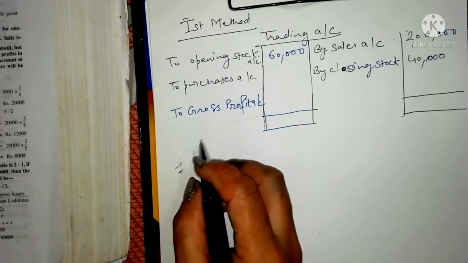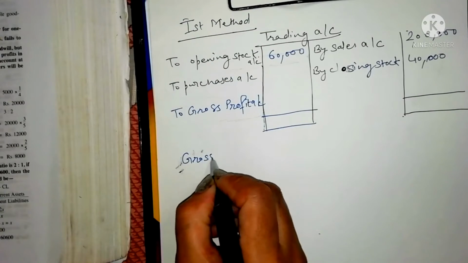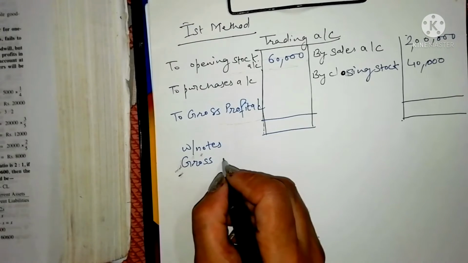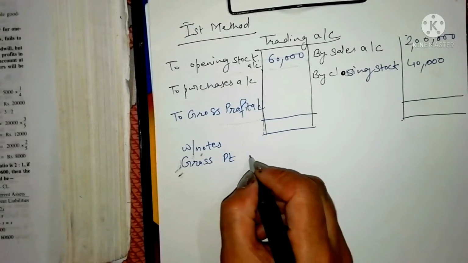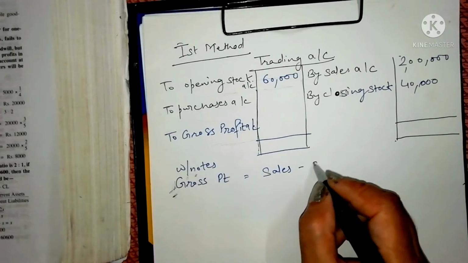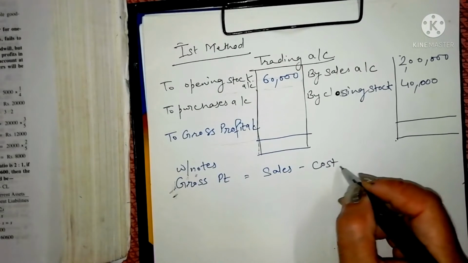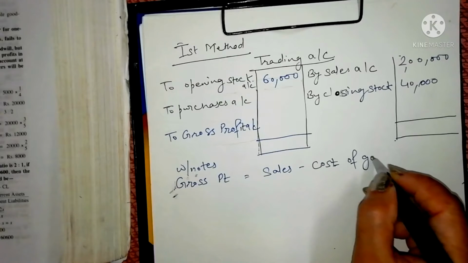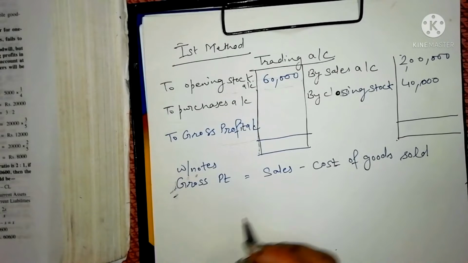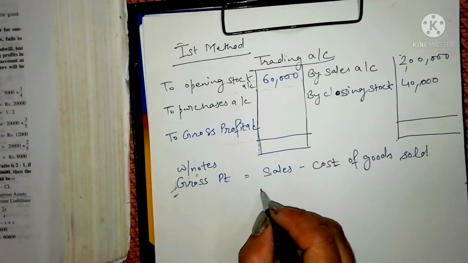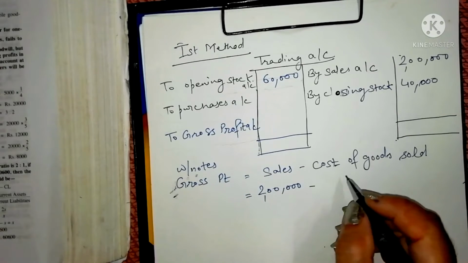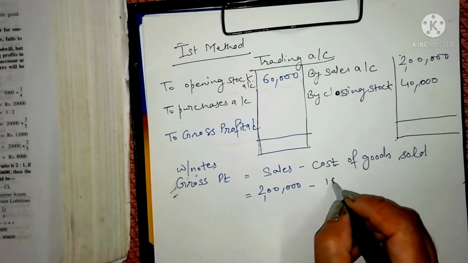As you can see, in the question we are given the sales and cost of goods sold. In the trading account, on the debit side we write the gross profit. So how do we calculate the gross profit? It can also be a gross loss maybe. But in this question the sales is 2 lakh, closing stock is 40,000 and cost of goods sold is 1,50,000. If the sales is greater than cost of goods sold, it represents a gross profit.